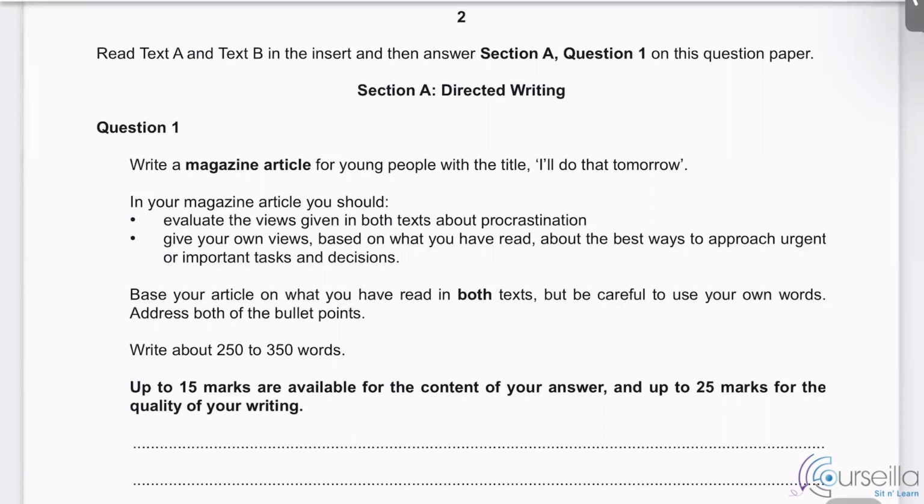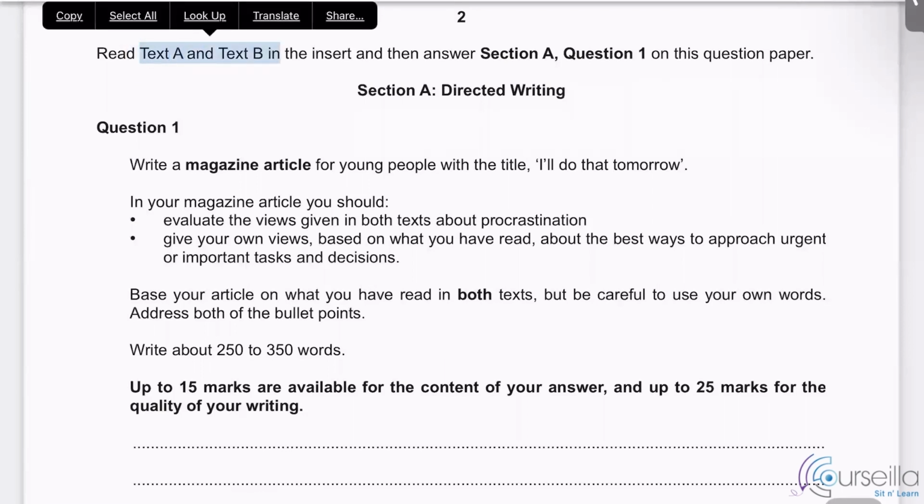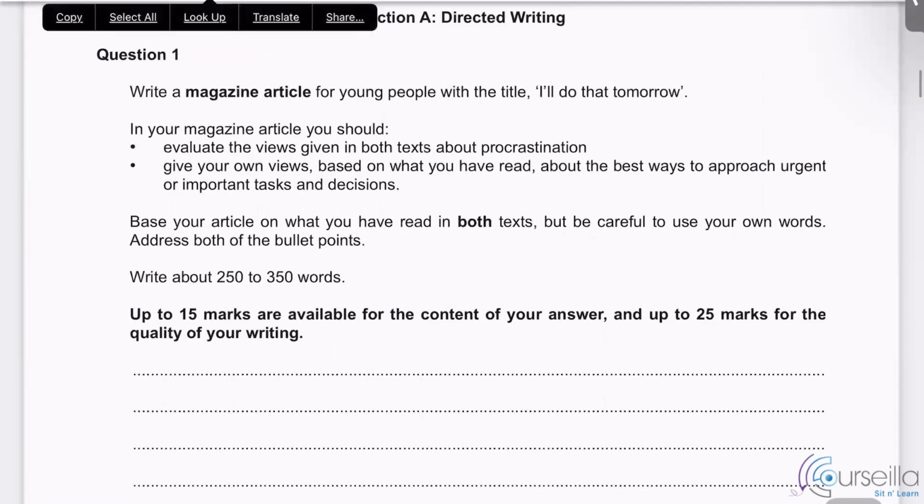So he will give you these two texts, text A and text B, talking about the advantages and disadvantages of procrastinating, of putting off today's work till tomorrow. Then he asks you to evaluate the views given in both texts about procrastination.